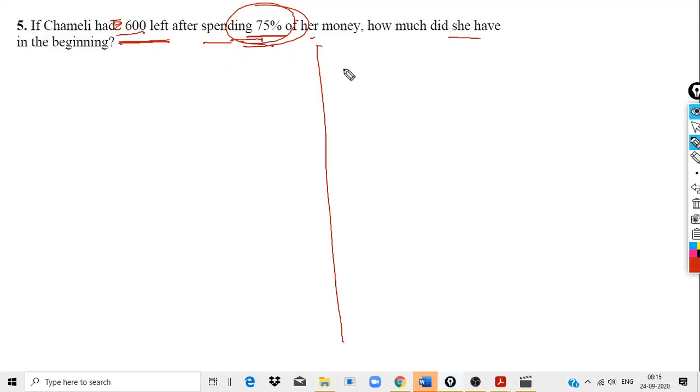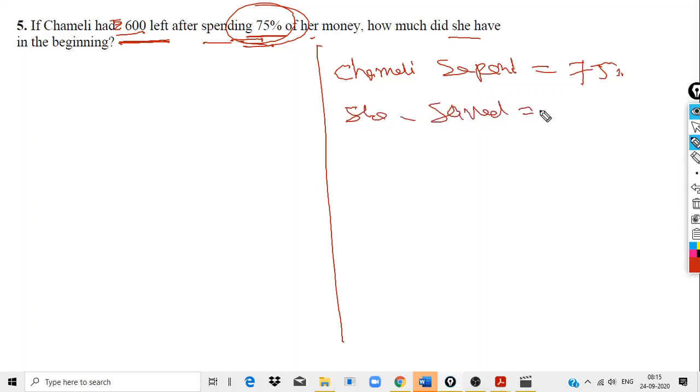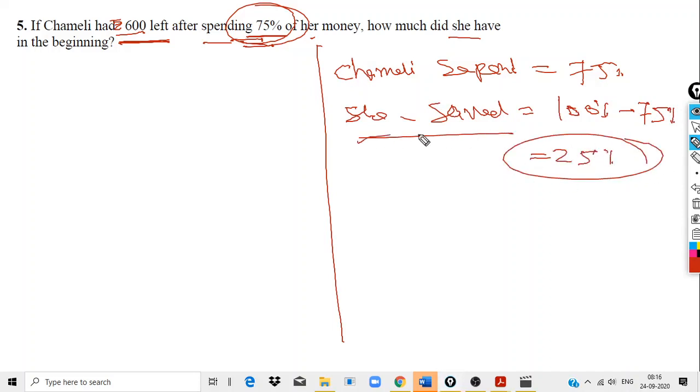75%. So you can write Chameli spent 75%. She saved 100% minus 75%, which is equal to 25%. That means she saved 25%. Here you can see Chameli had 600 left after spending this much.